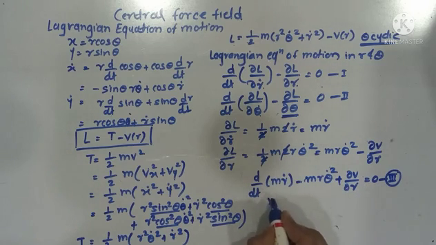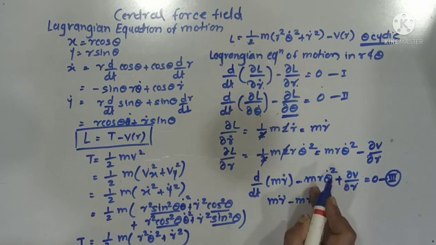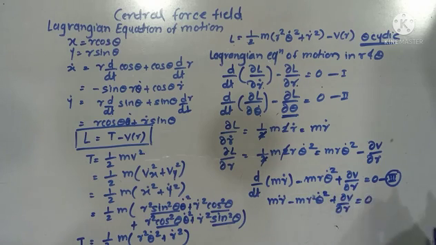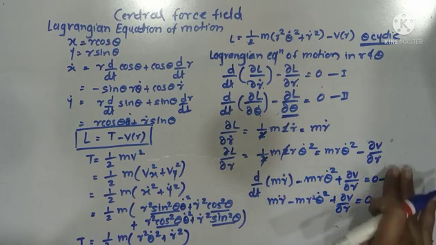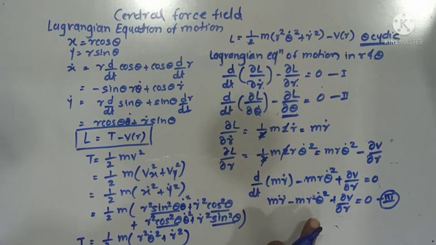Or I can also write m r double dot minus m r theta dot square plus dou V upon dou r is equal to 0. Call this equation 3. This is the first equation of motion in a central force field.